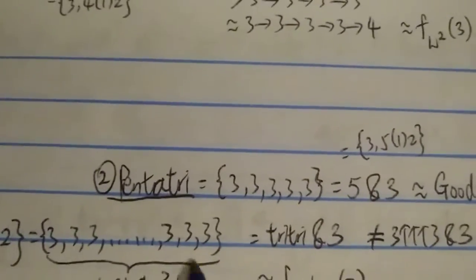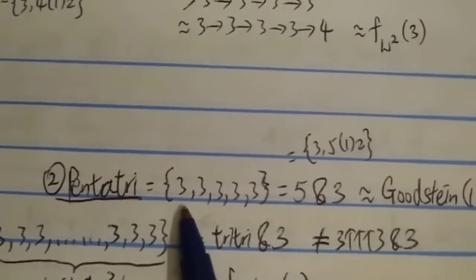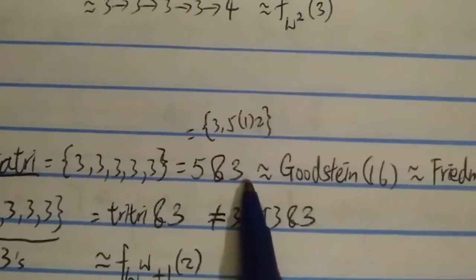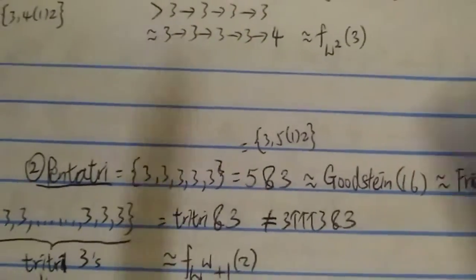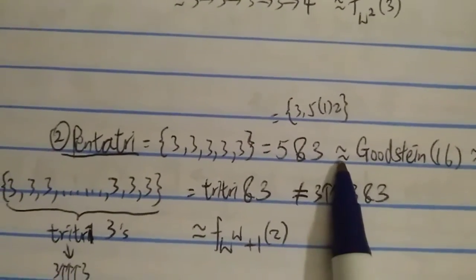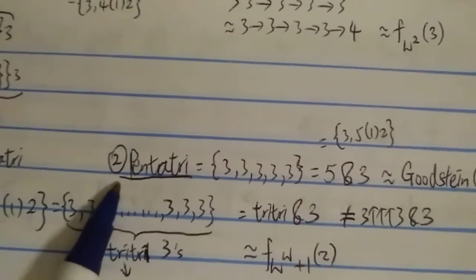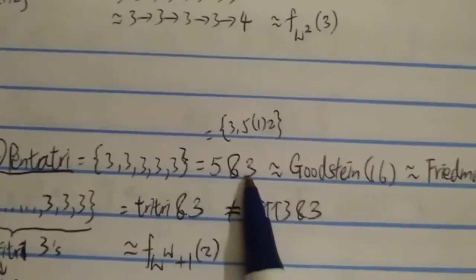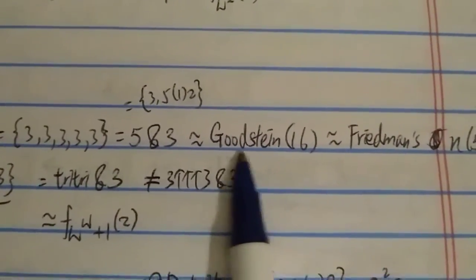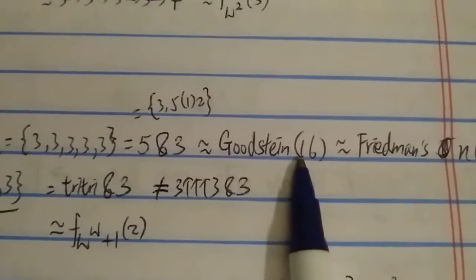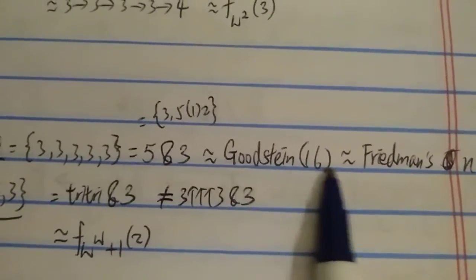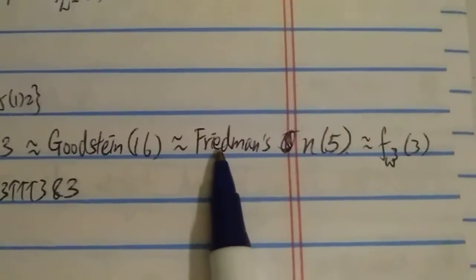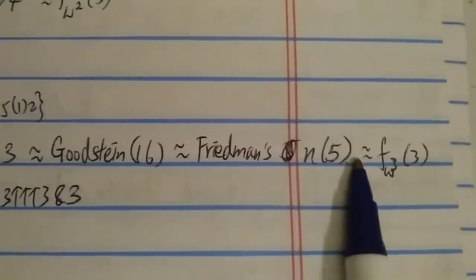The second number I'm going to talk about is Pentatri, which is 3 with 5 threes. Obviously you can write it this way, 5 array of 3, or you can also write it this way. I actually didn't plan to talk about this because nothing's too special, but this number is approximately the same as the Goodstein sequence, G16, which is pretty big, and also around the same as Friedman's n5.